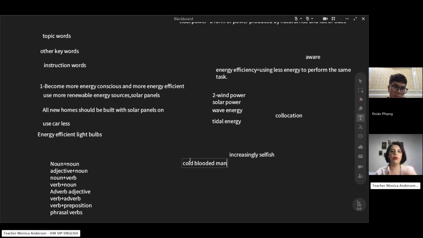Cold and blooded, both are. Or for example, green-eyed. So it's a combination of these two. You can say something like a well-behaved dog. We also call them compound adjectives, a combination of two words.